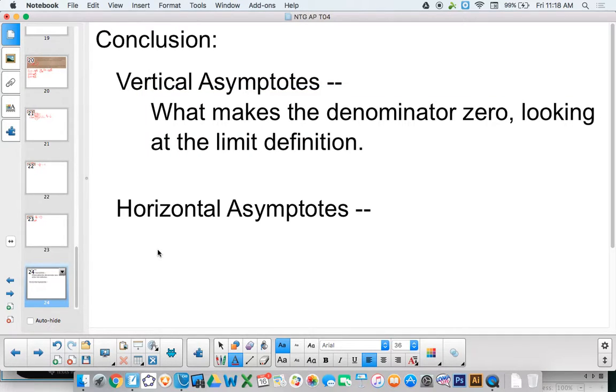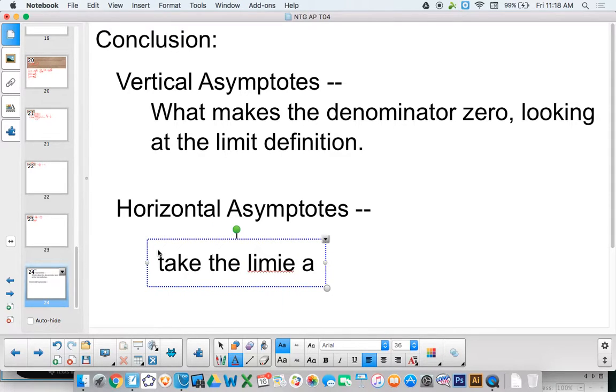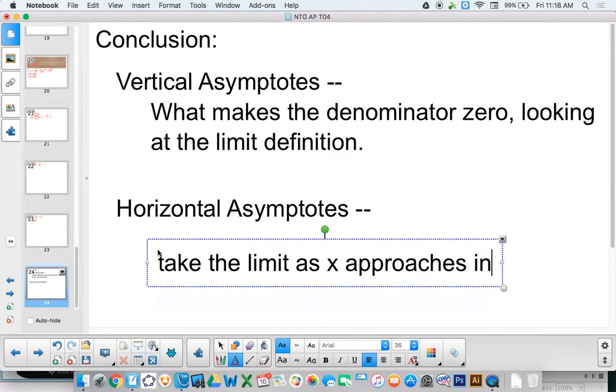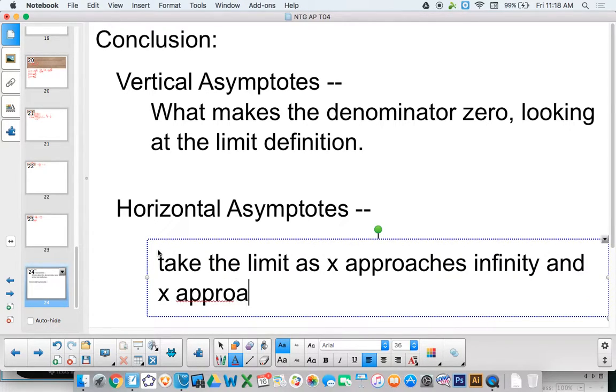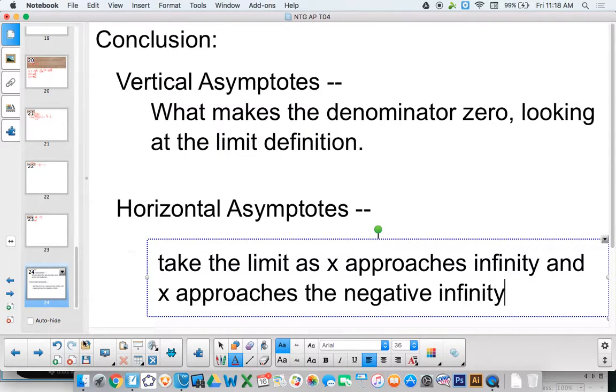For the horizontal asymptote, you're going to take the limit as x approaches infinity and x approaches negative infinity. That's very important. You need the negative in there as well, because for radicals, exponentials, and logistics, it's different. For rationals, you're fine, but for radicals, exponentials, or logistics, you need to do both because left and right are different infinities.